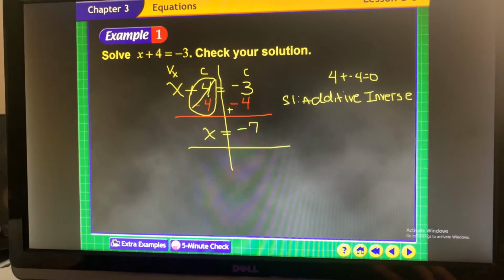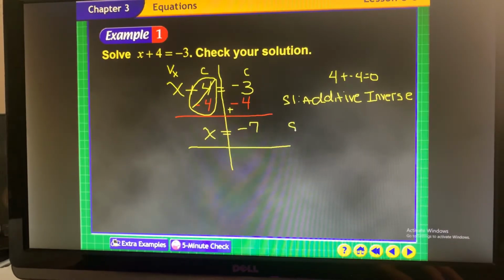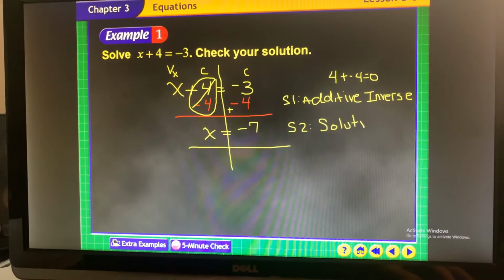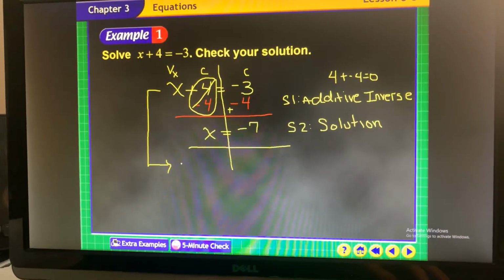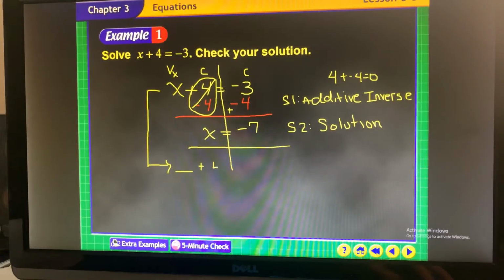That's what I did right here. Step 2 is, this is my solution. X is equal to -7. So if I substituted -7, I'm going to rewrite this problem, but instead of x, I'm going to leave a blank, +4, it's supposed to equal -3.